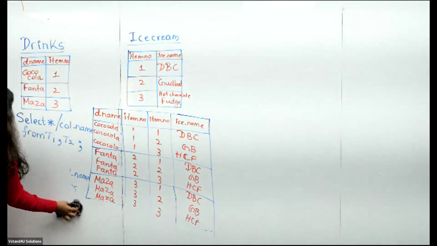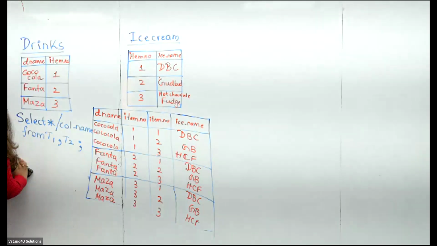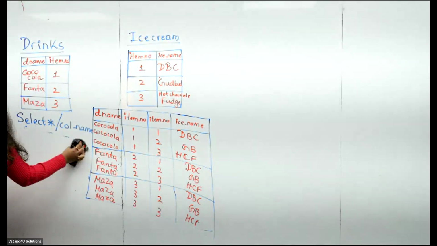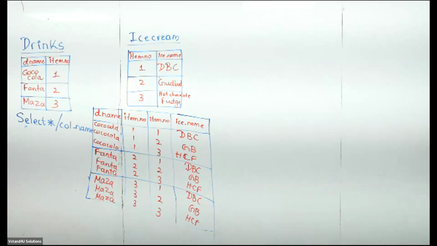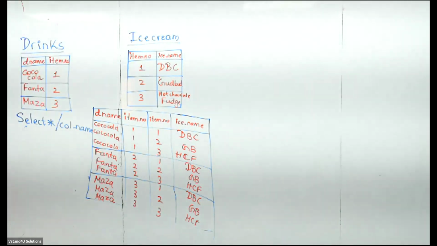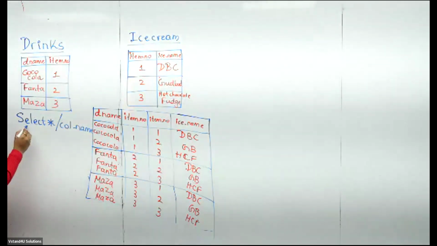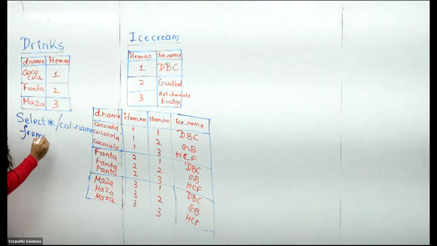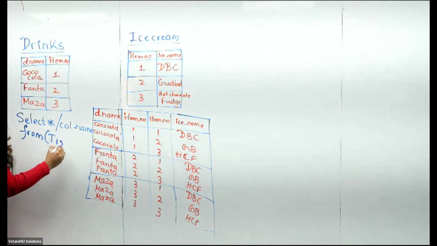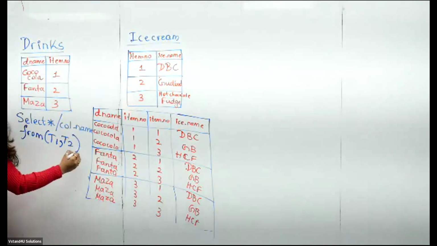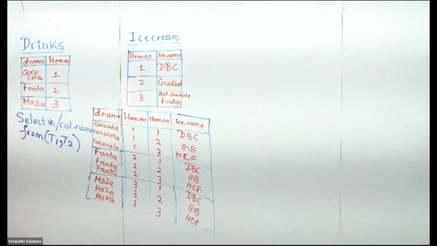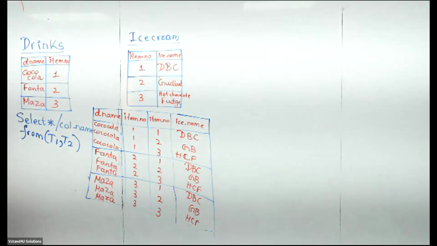Select star, column name or column name. Then what else will you write? You will be writing from table 1, table 2. Then what will you write?